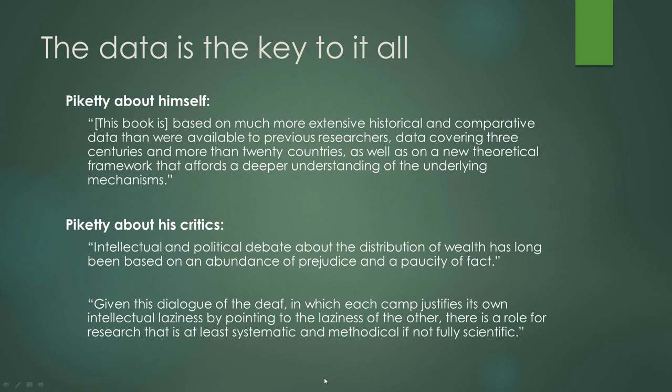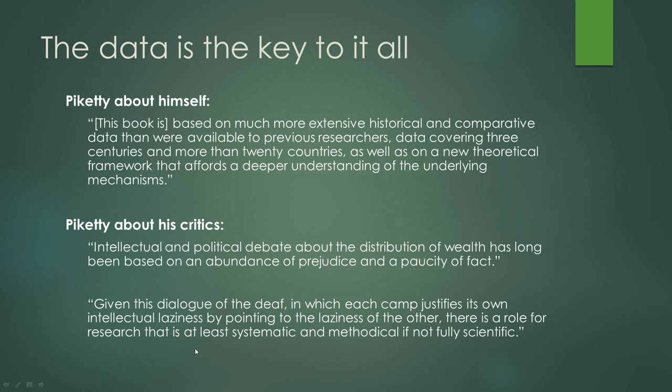He's saying the intellectual and political debate about the distribution of wealth has long been based on an abundance of prejudice and a paucity of fact. And he's saying he corrects that paucity of fact. He also says that he's responding to the laziness of others by introducing a new line of research that is at least systematic and methodological, in addition to having elements of science that are underlying it.